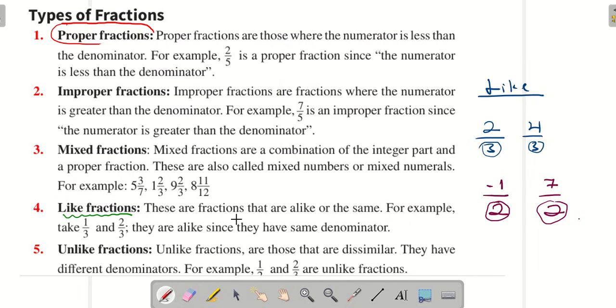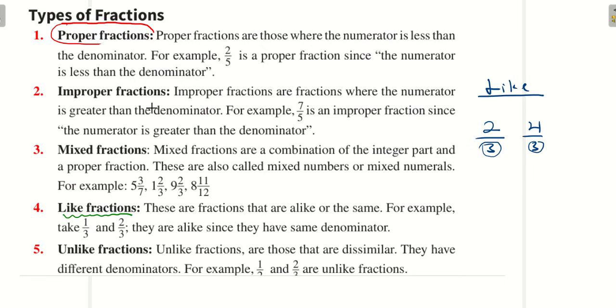Unlike fractions are those that are dissimilar. They have different denominators. So it is just the reciprocal, or the negative, of the like fractions. Whenever you have fractions with different denominators, then those fractions are unlike fractions.